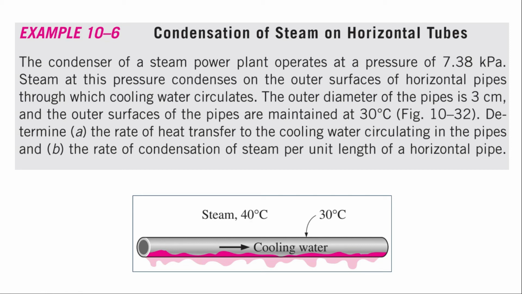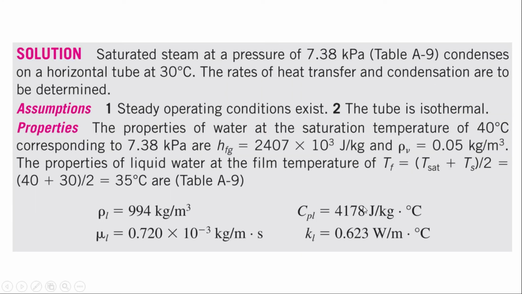If it is not given, you can get the temperature of the steam from the steam table if the pressure is given. Let me go through the solution: the saturated steam at a pressure of 7.38 kilopascal condenses on a horizontal tube at 30 degrees centigrade. The rate of heat transfer and the condensation rate are to be determined.